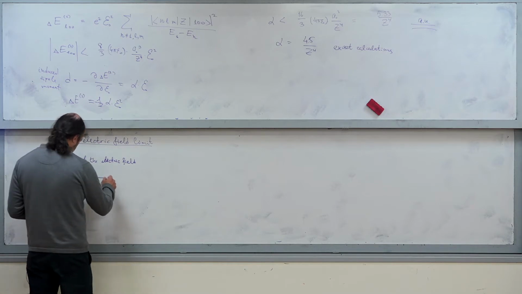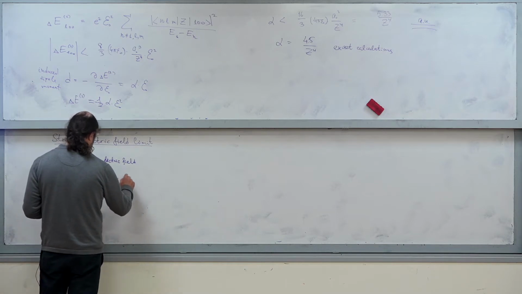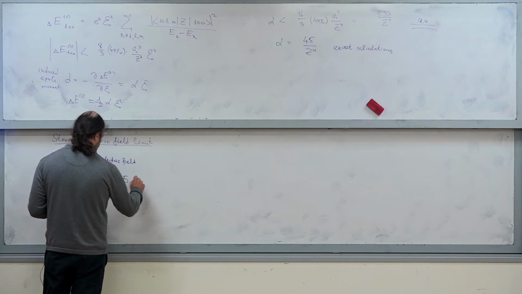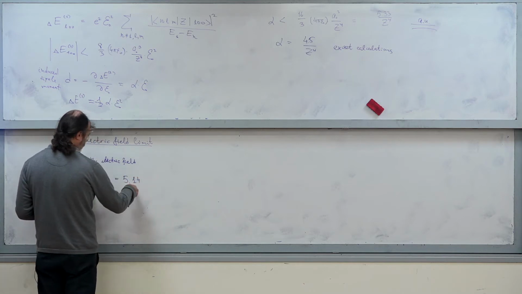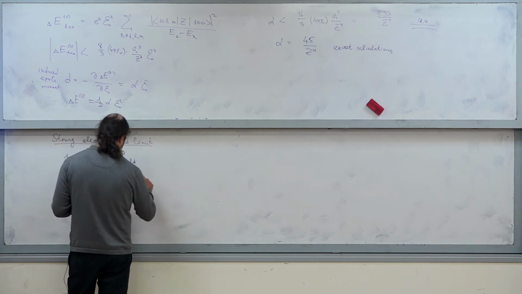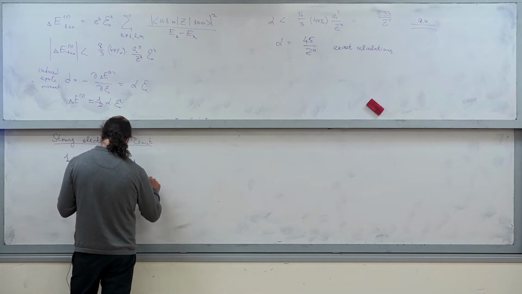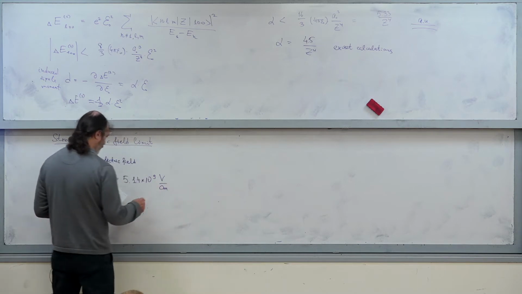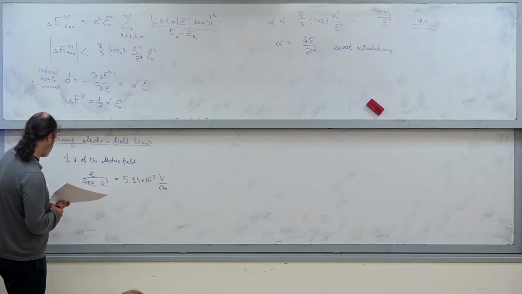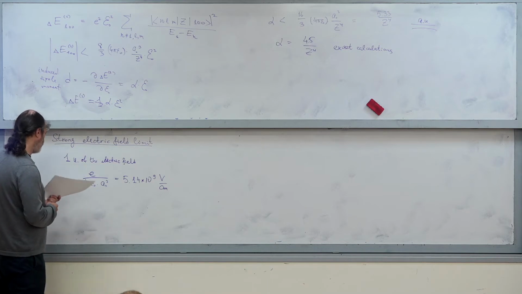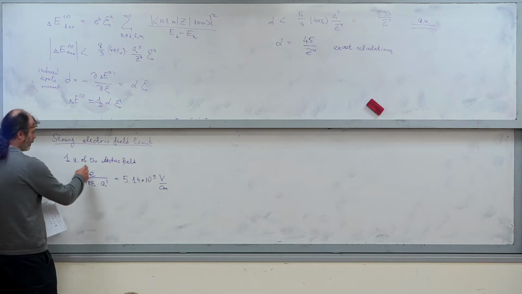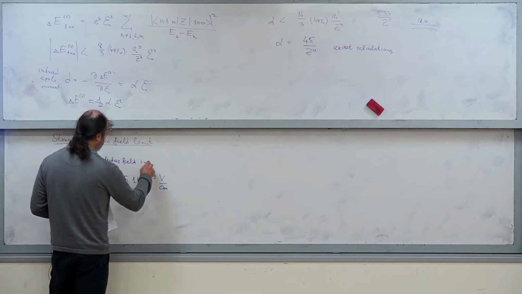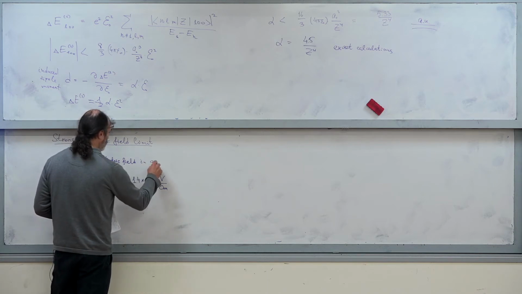This gives me a value of 5.14 times 10 to the 9 volts per centimeter. That's the unit of the electric field in atomic units, one unit in atomic units.